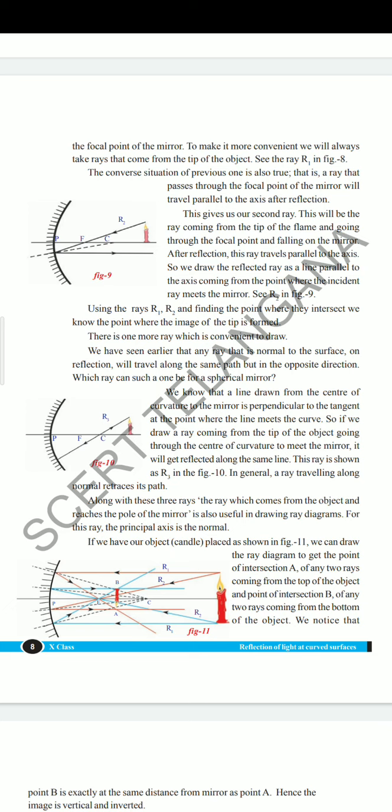Along with these three rays, the ray which comes from the object and reaches the pole of the mirror is also useful in drawing ray diagrams. For this, the principal axis is the normal.